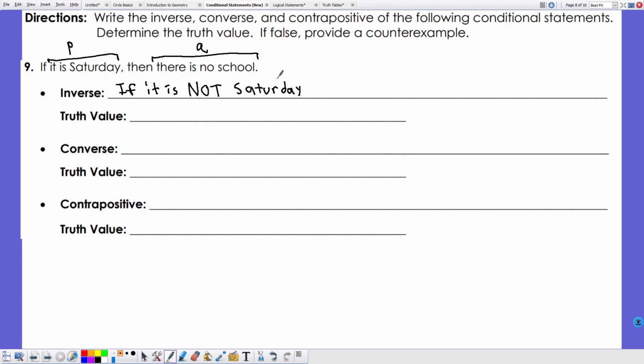This is our new hypothesis. Then we negate the conclusion Q, so then there is school. We would get rid of the no school part.